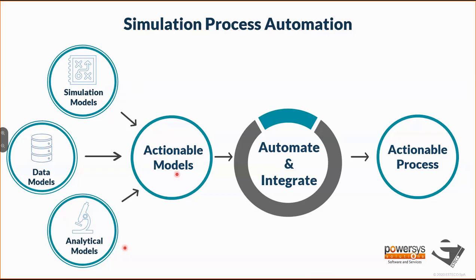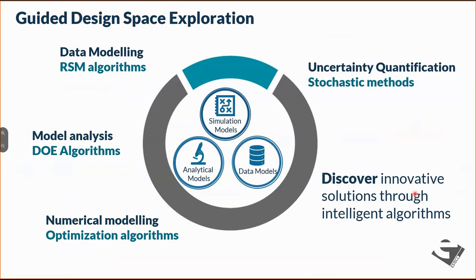So once you have an actionable model or multiple actionable models defined, you take that and automate and integrate it to define a process. Once you've done that, you come up with a well-defined actionable process that you can then apply various strategies on to explore the design space and eventually do a design optimization. So that's what this is telling us.